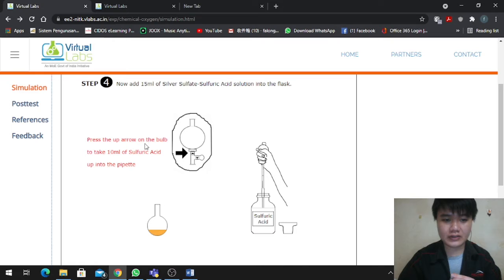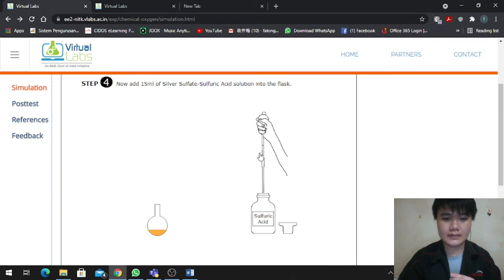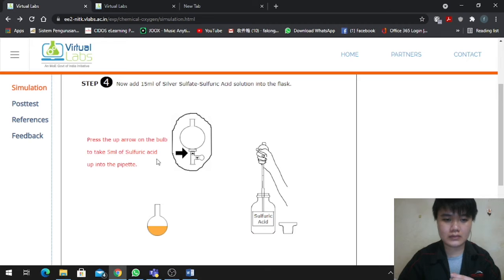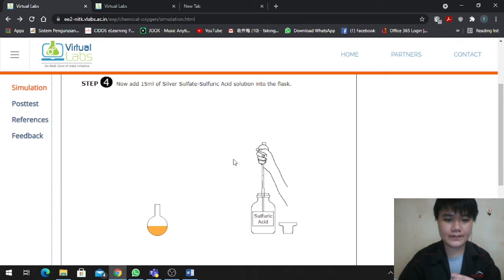Press out the arrow on the bulb to take 10 ml of sulfuric acid up into the pipette. Press out the arrow on the bulb to take 5 ml of sulfuric acid up into the pipette. Put it down.